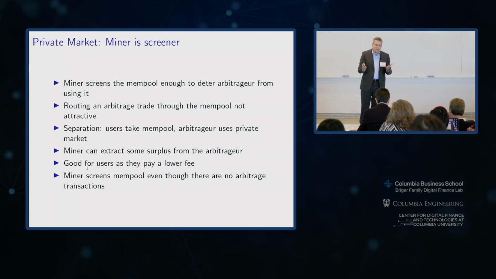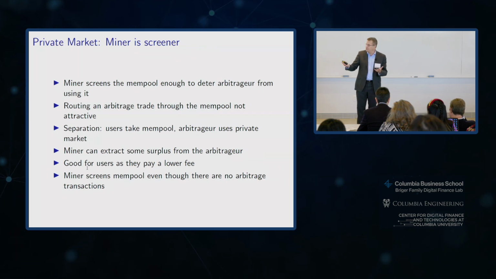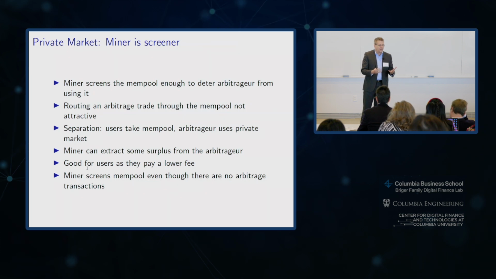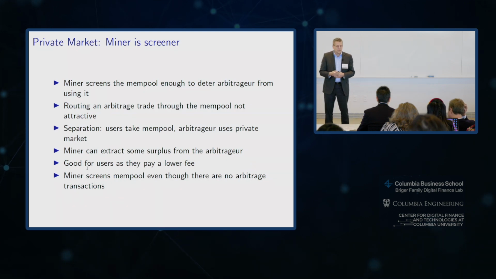In this way it's good for the miner, because now the miner can price discriminate and charge the arbitrageur a high fee in the private market, and the ordinary users a lower fee in the public market by creating this separated market. This is good for the users, because now they can potentially pay a lower fee.